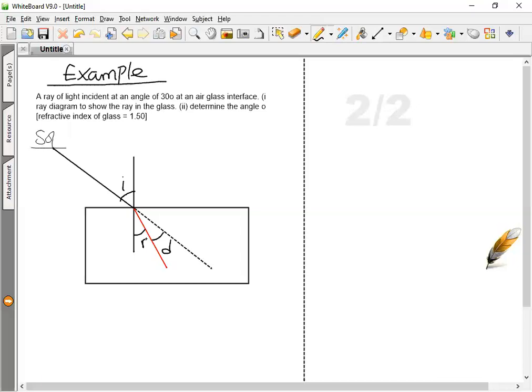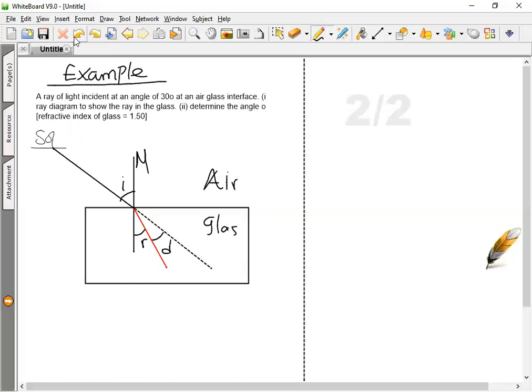Now let's solve the question. You know, our normal. Okay, let's not forget that. Normal. Okay, so according to the question, this is air and this is glass.